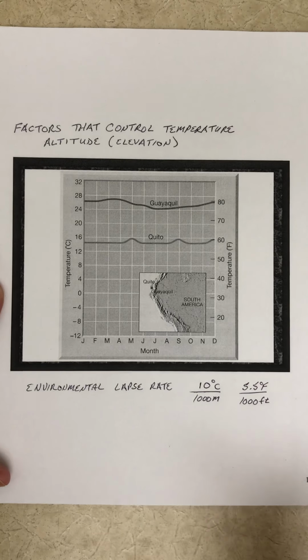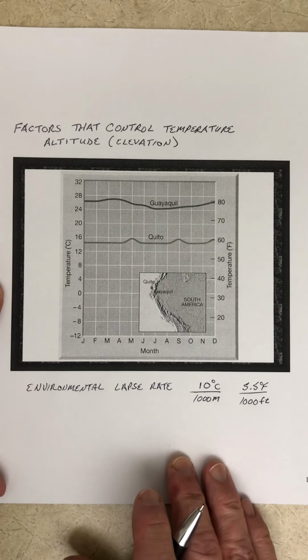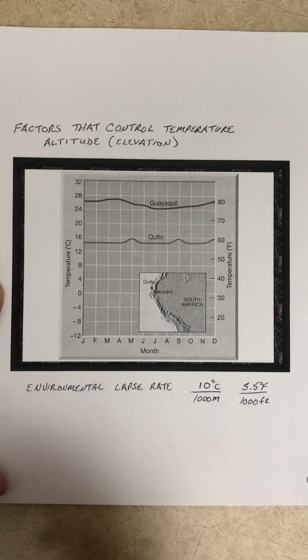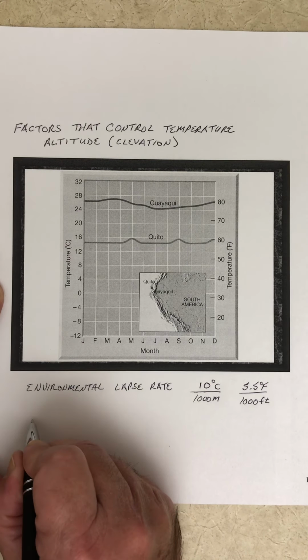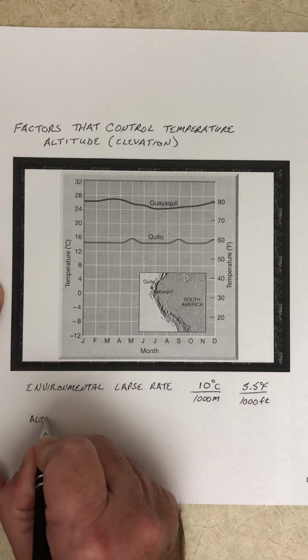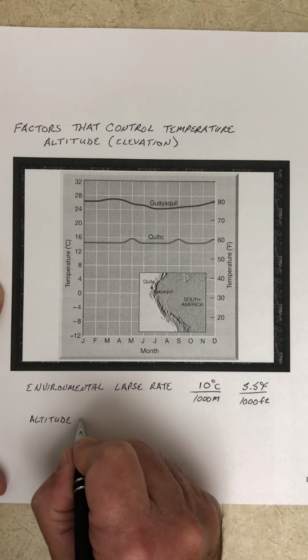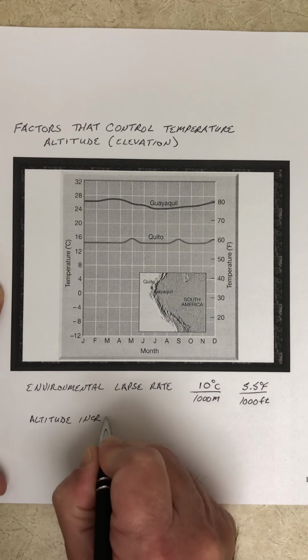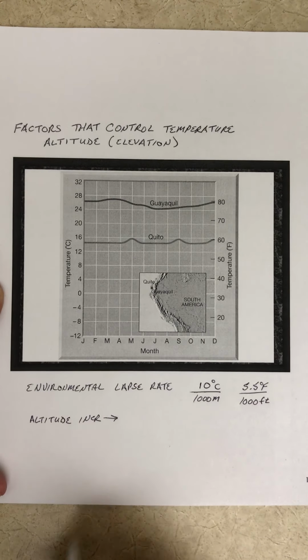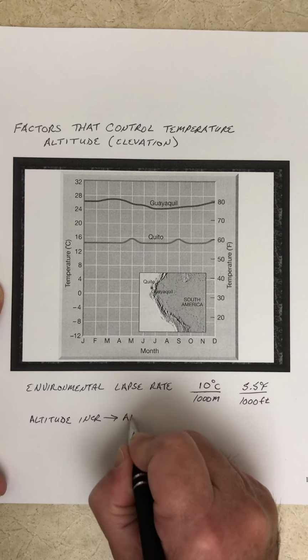Now why does that change? It's kind of a chain reaction. When you have a change in altitude, if the altitude increases, that is going to lead to the air expanding.